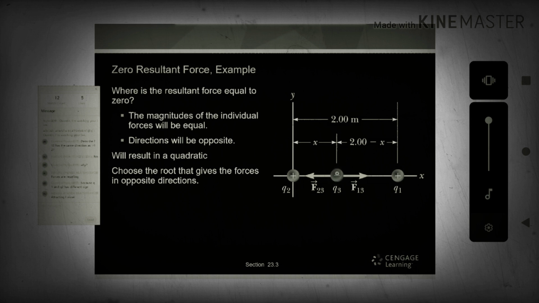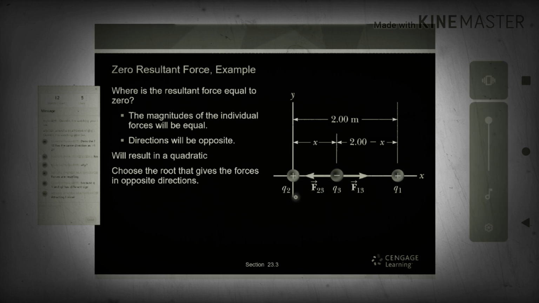All right. So we can analyze this sort of question. We can do a calculation. If Q1 equals Q2, then this Q3 has to be in the middle of Q1 and Q2.